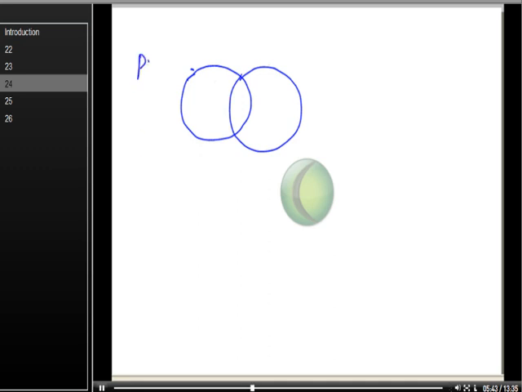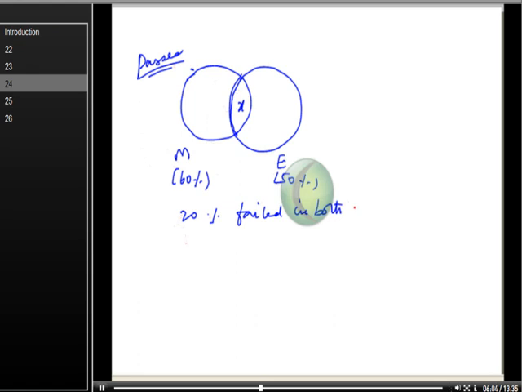We are looking at the passed candidates. You have maths here and English here. Maths is 60%, English 50%. The both is the intersection, call it x. We are given 20% failed in both examinations, so that means the overall pass percentage is only 80.